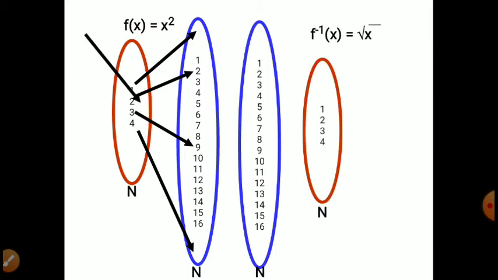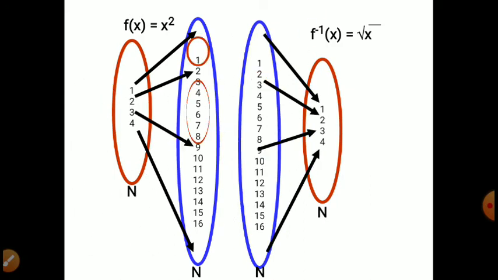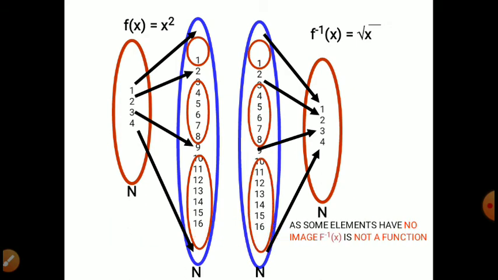If the function is given like this, then it is not a function here. Since it is not a function, you can say that the inverse is not possible. So the main thing you need to remember is that here some elements do not have images.